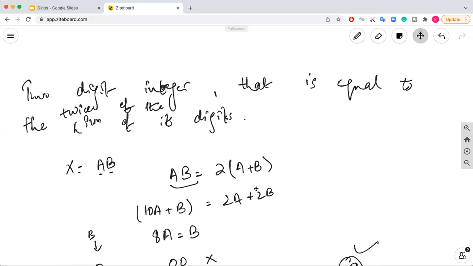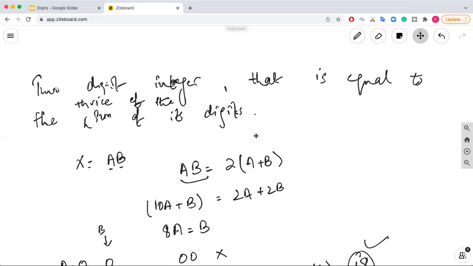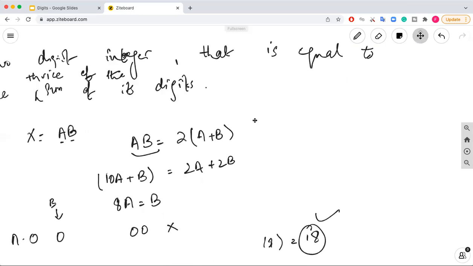If for the same question, I just change it and ask for a two-digit integer that is equal to thrice the sum of its digits. At first, this was twice. Now they change this to thrice. So I'm asking a two-digit integer that is equal to thrice the sum of its digits. What is that integer?